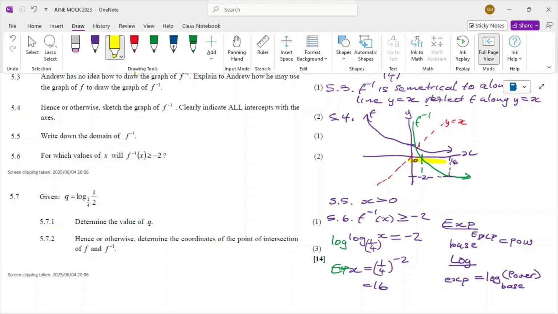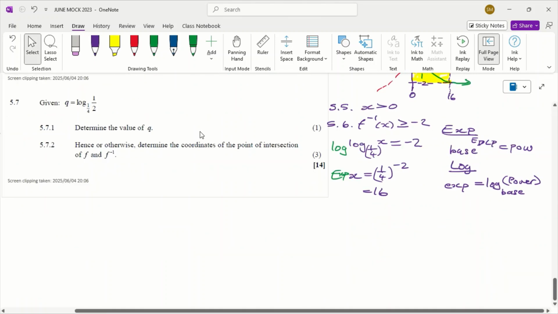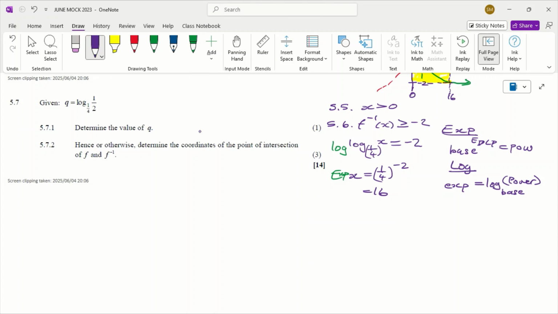So meaning that our answer now is going to be x is between 0 and 16. But we can only attach the or equal to at 16 because we have an asymptote there, which is y is equal to 0. So that's very simple. The next question is 5.7.